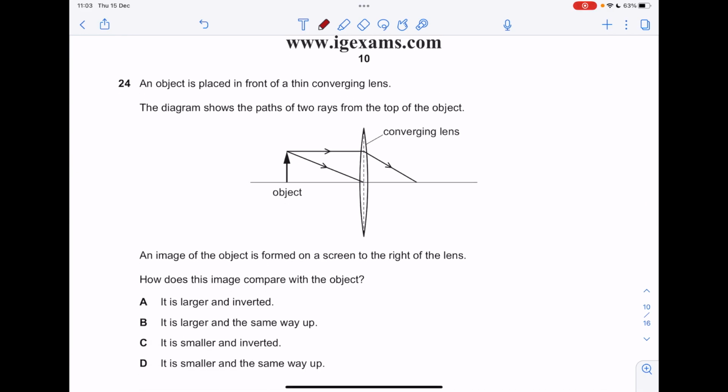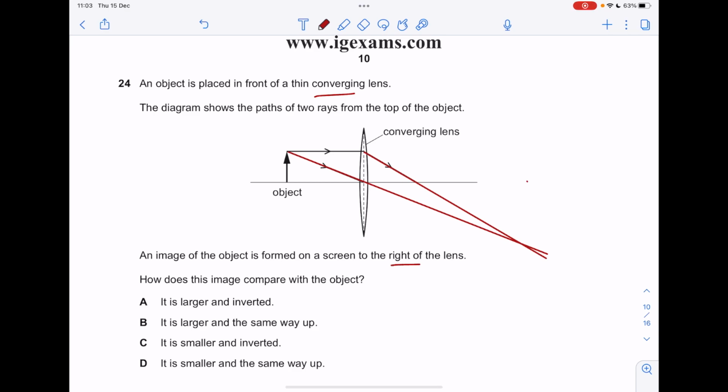An object is placed in front of a thin converging lens. The diagram shows the paths of 2 rays from the top of the object. An image of the object is formed on a screen to the right of the lens. How does this image compare with the object? Okay, let's create an image arrow. So we'll just carry these rays through the lens. And where they cross is where the image is formed.